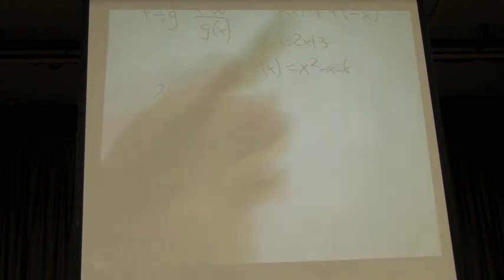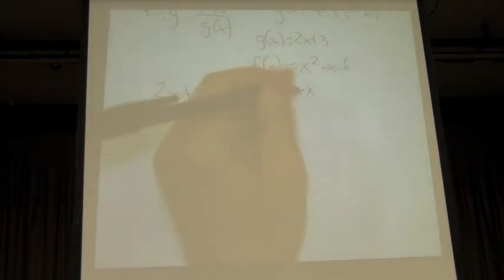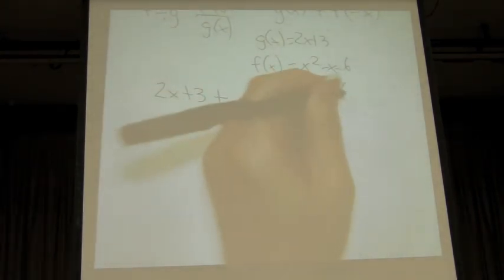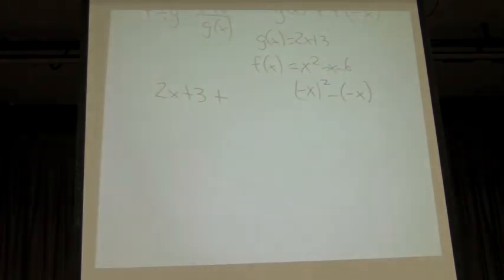So that means it's a negative x squared minus a negative x minus 6. And you just do the math.